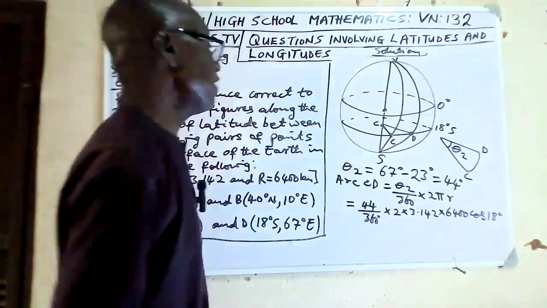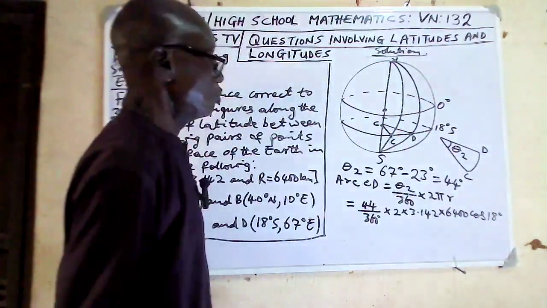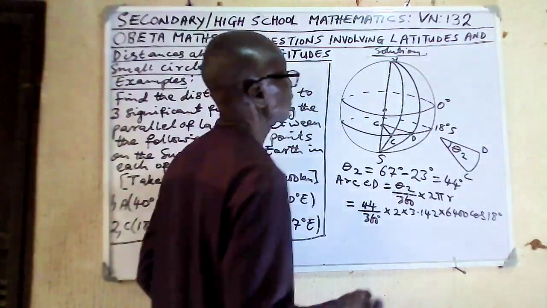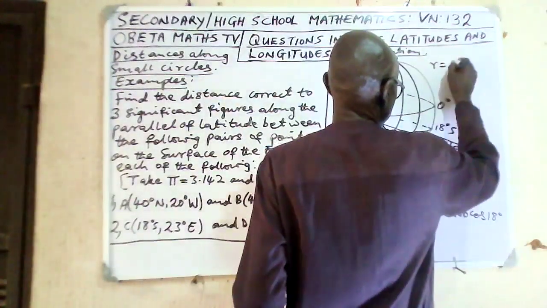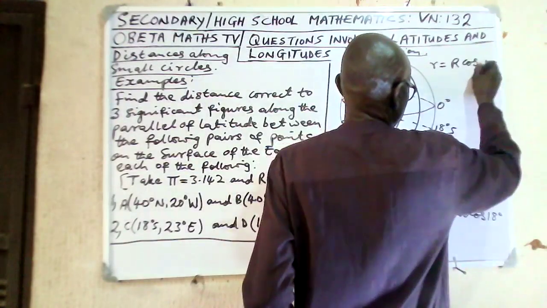Because our alpha is 18. That's using our formula. Remember, small r equals capital R cos alpha.